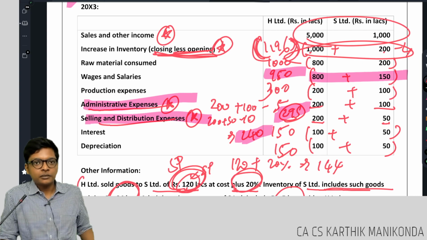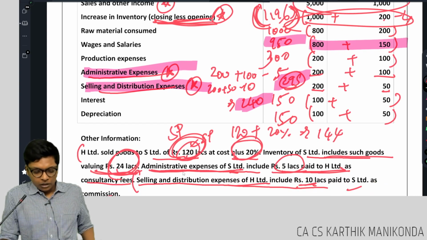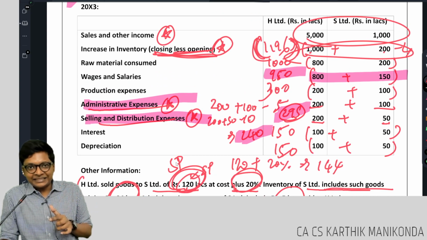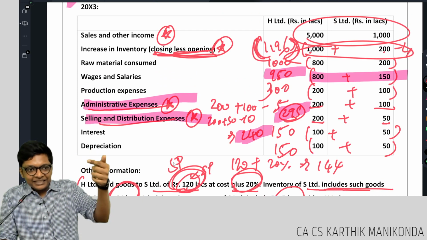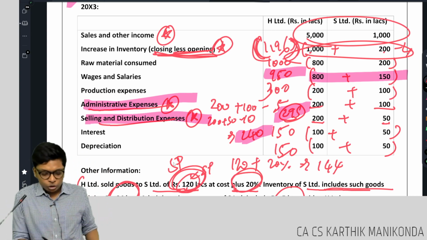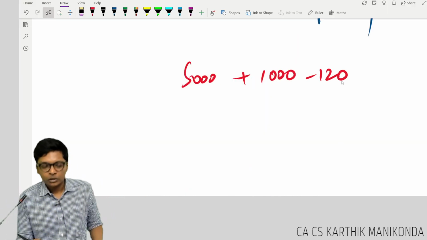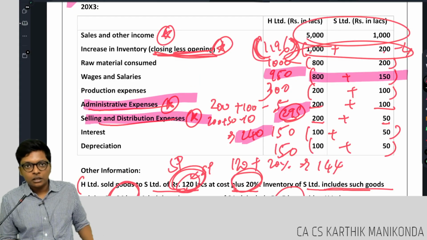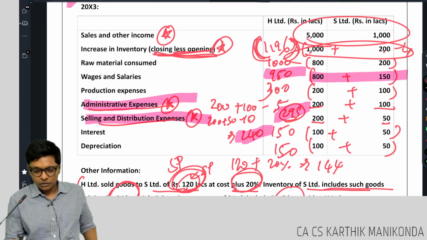Any other adjustment? Now, intercompany. H sold goods to S. So, for H it is sales, for S it is purchase. Intercompany of, so I will reduce how much? 120, correct? Intercompany.